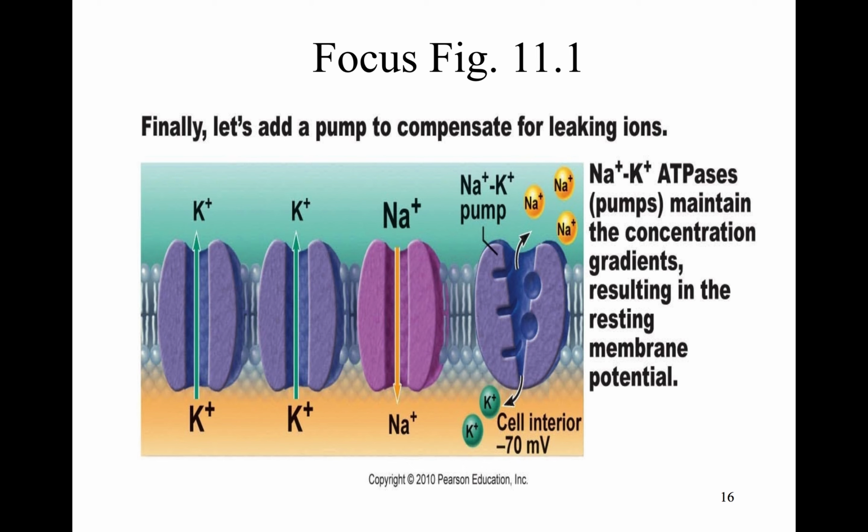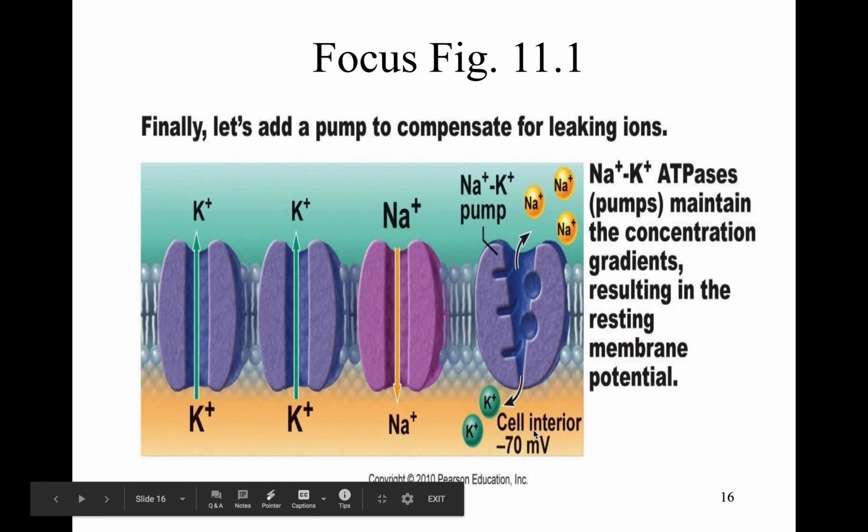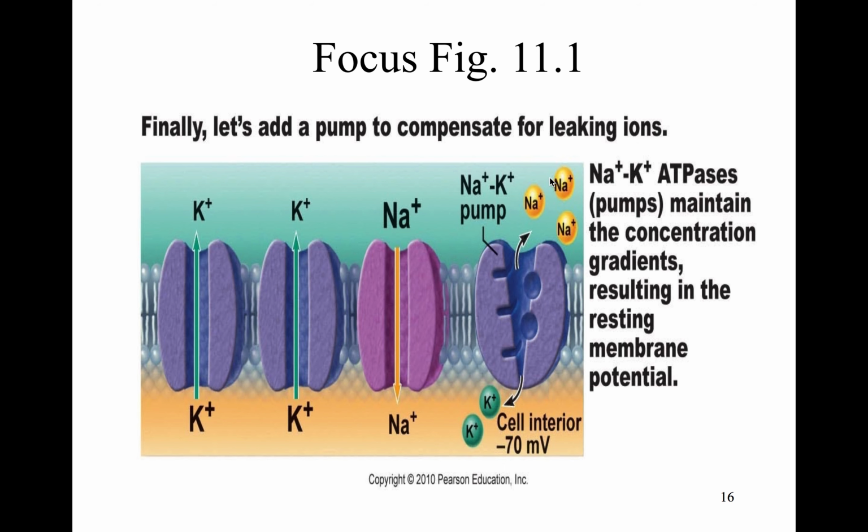This compensates for those leaking ions, keeping the concentration of potassium high inside of the cell and the concentration of sodium high outside of the cell. The pump is our key player in helping to maintain those ionic gradients, so that potassium and sodium can be continuously leaking out of or into our cells.